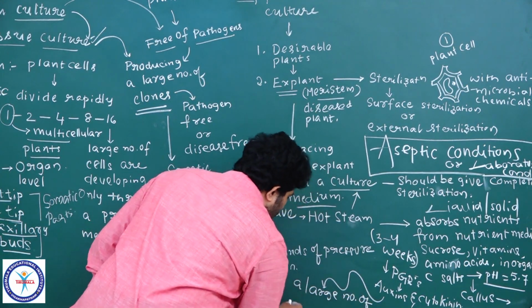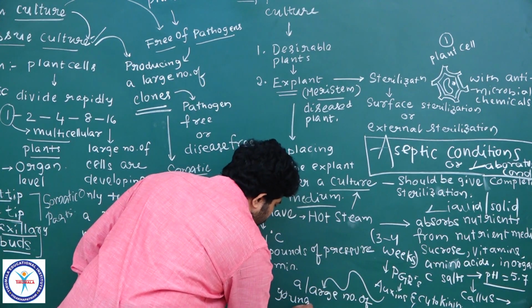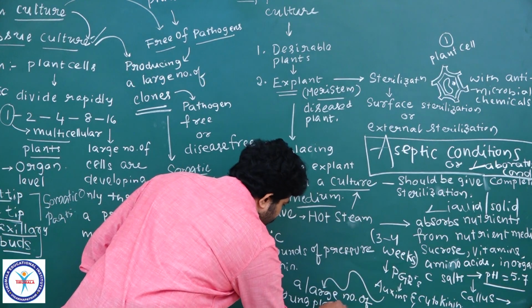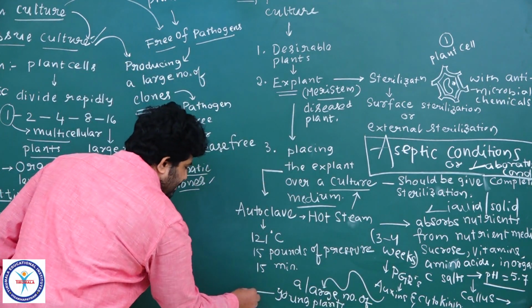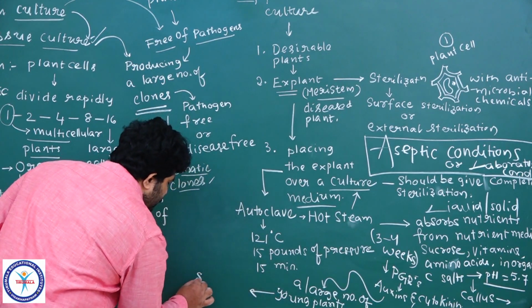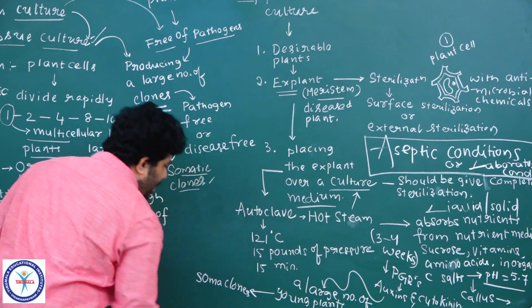A large number of young plants, which are generally called Soma clones. What are they, students? Soma clones.